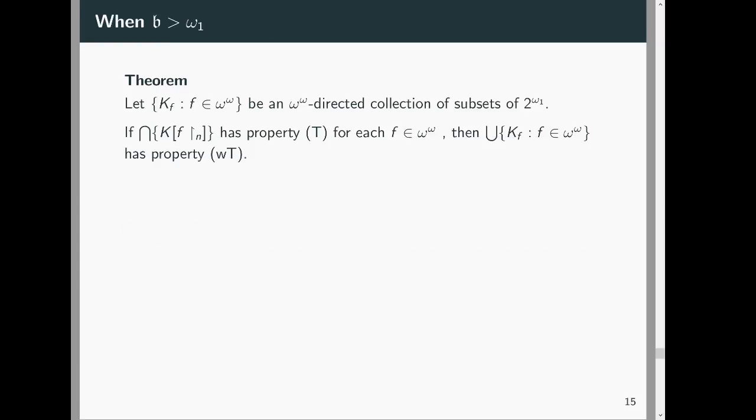And now we want to consider order, under the assumption b is greater than ω1. We can show that if you have an ω^ω directed collection of subsets of 2^ω1, and this assumption is true and this condition holds, and the union is WT, it's not even close to 2^ω1.